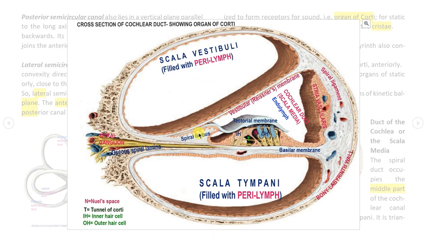Limbus is a rounded structure, so it will turn with the whole cochlea. This spiral limbus gives attachment to another membrane called the tectorial membrane, also known as membrana tectoria. This membrana tectoria word you will again have in the upper part of the cerebellum, the transverse fold of meninges. So this is a gelatinous membrane.